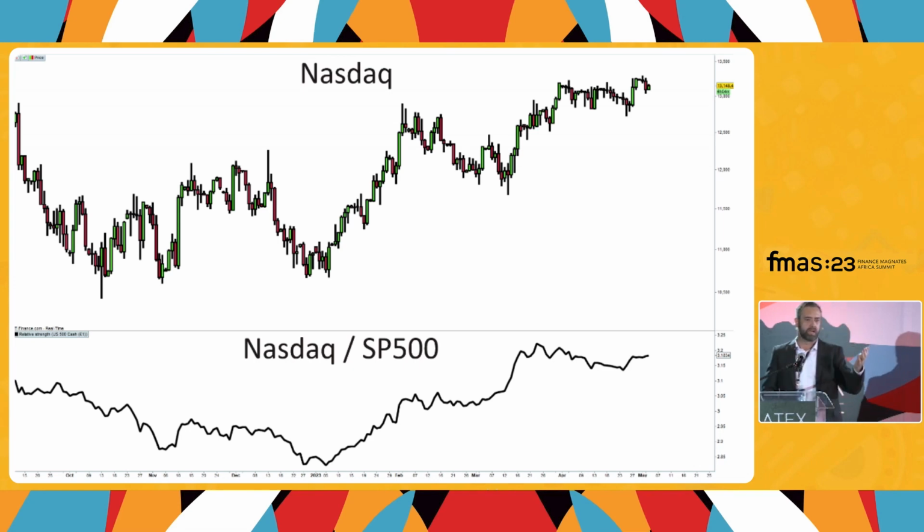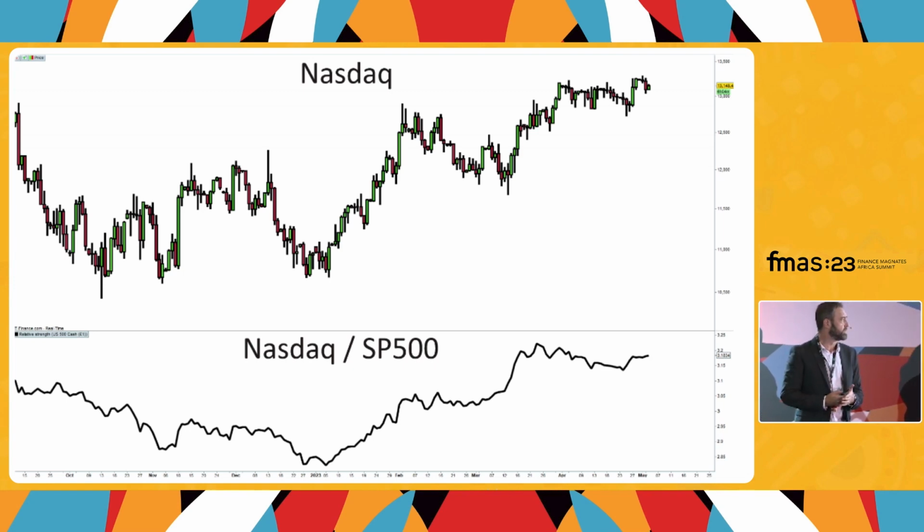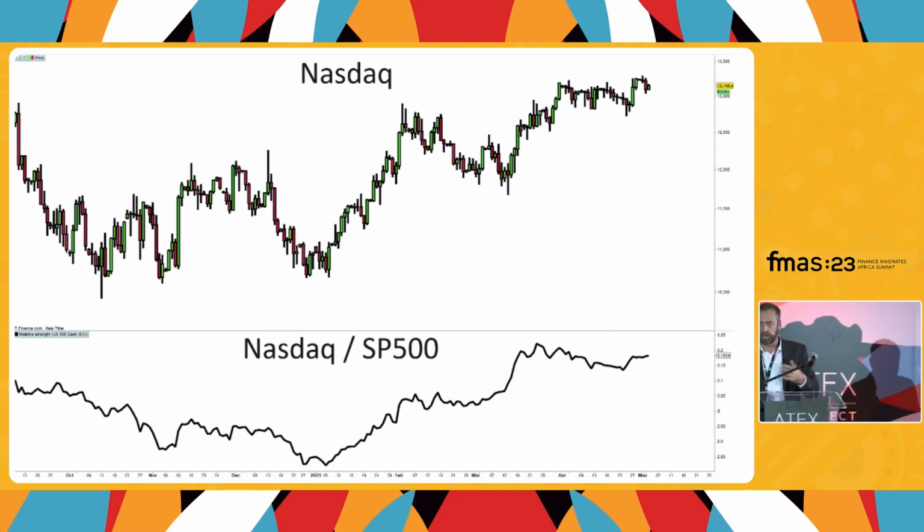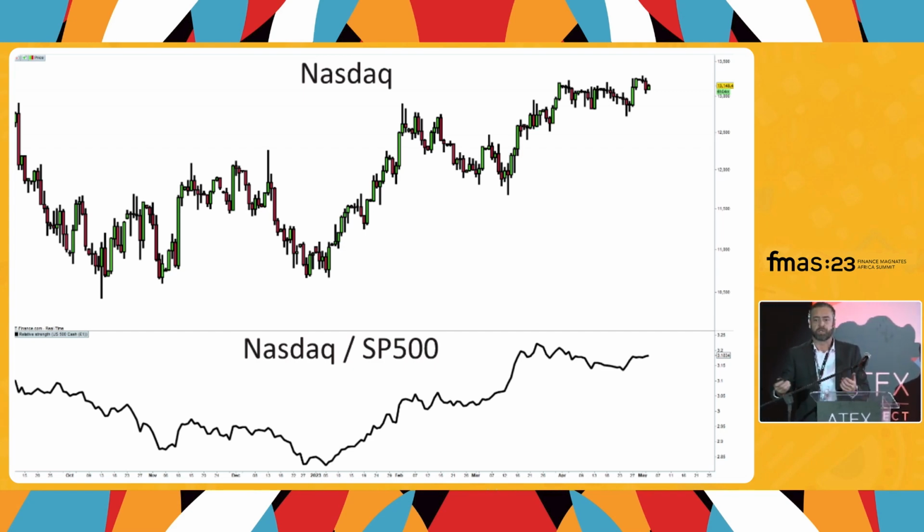So what it's telling us is that the NASDAQ is now outperforming the S&P 500. It doesn't mean that the S&P 500 is in a downtrend. Both of these markets are actually in an uptrend. But it does tell us that the momentum at the moment is stronger if you're trading the NASDAQ rather than the S&P 500.